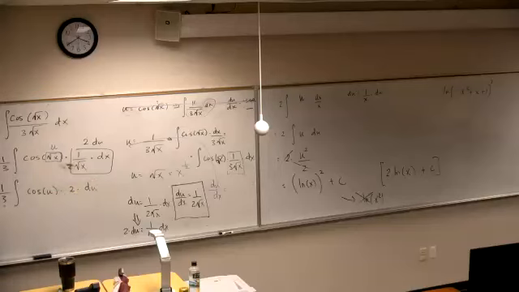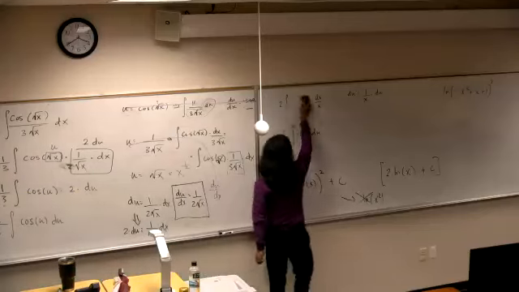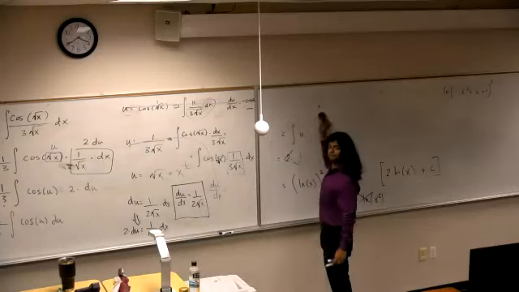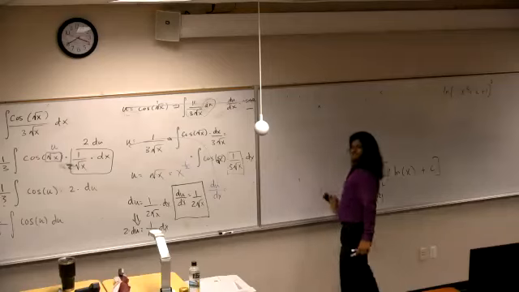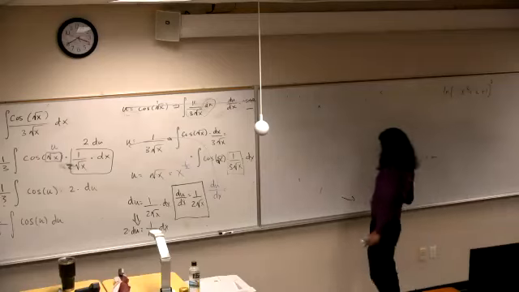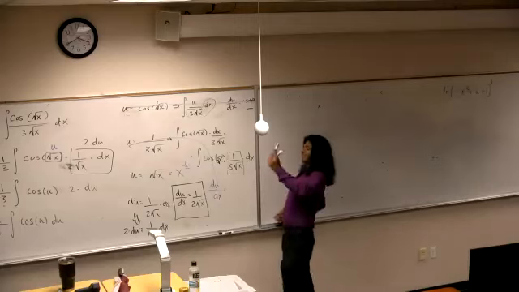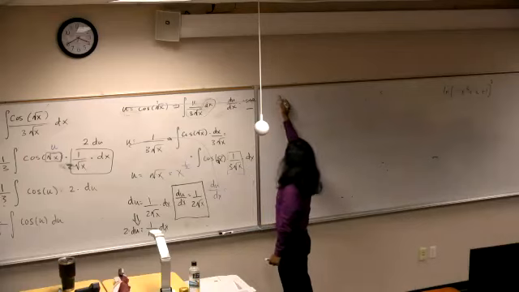I can pull the 2 out. So 2/3 integral cosine u du. What is the integral of cosine u? Negative sine u. Oh, sorry. Common mistake. When I first learned it, I made that mistake too. It's just sine.